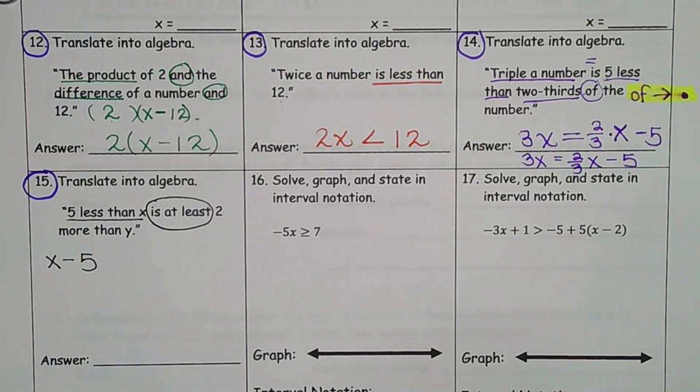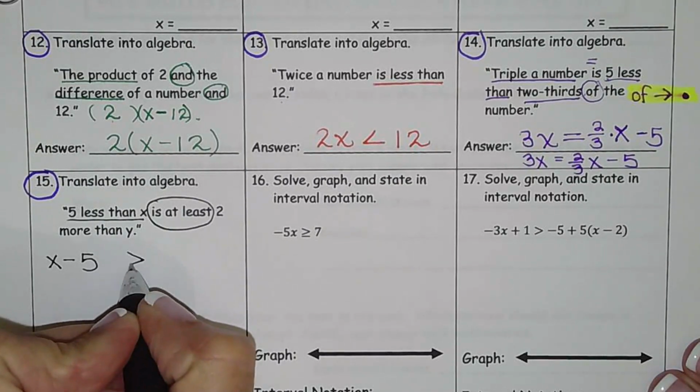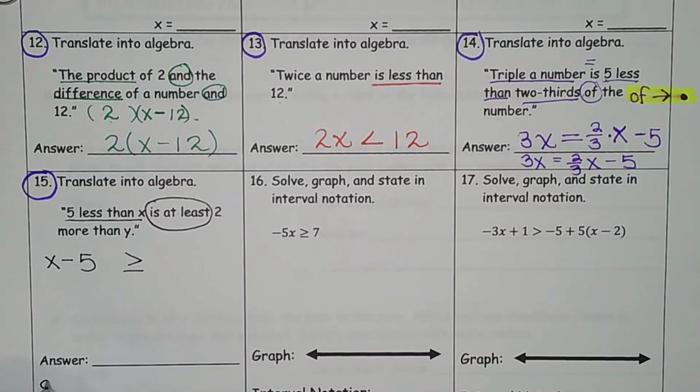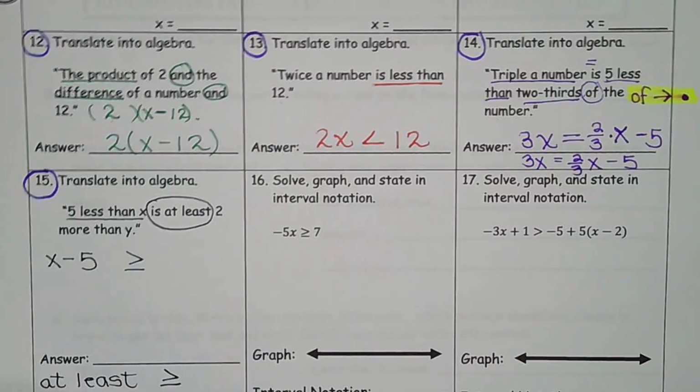I am at least 20 years old. That means I'm 20 or 21 or 22 or 23. So that means greater than or equal to. And again, go down here and you can write yourself little notes, because this is going to be your guide to taking your test. At least means greater than or equal to.